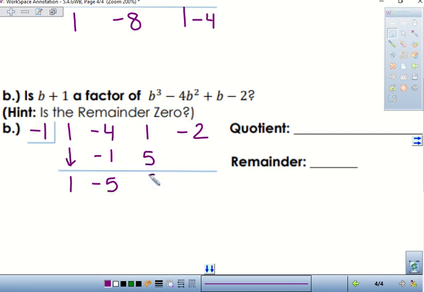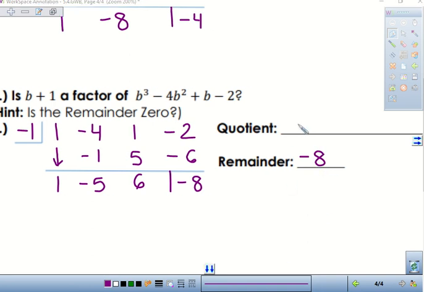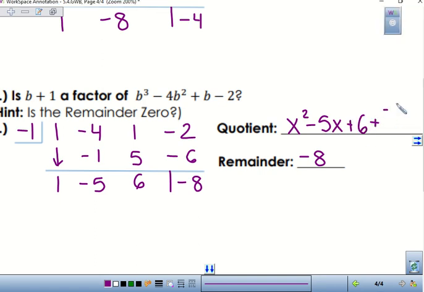Combine, we get? Multiply? Combine, we get? So our remainder is? What's our quotient? Plus -8 over, oh, I used x instead of b.